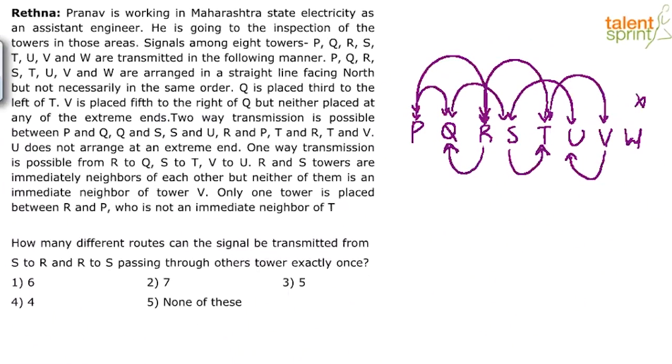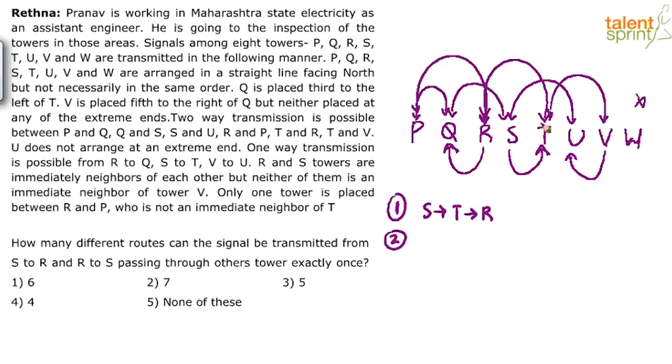So S to R. Let's try out S to R. How can we go from S to R? I think SU will not help. ST and then T to R. So number one is S to T, T to R. That's one way of doing it.